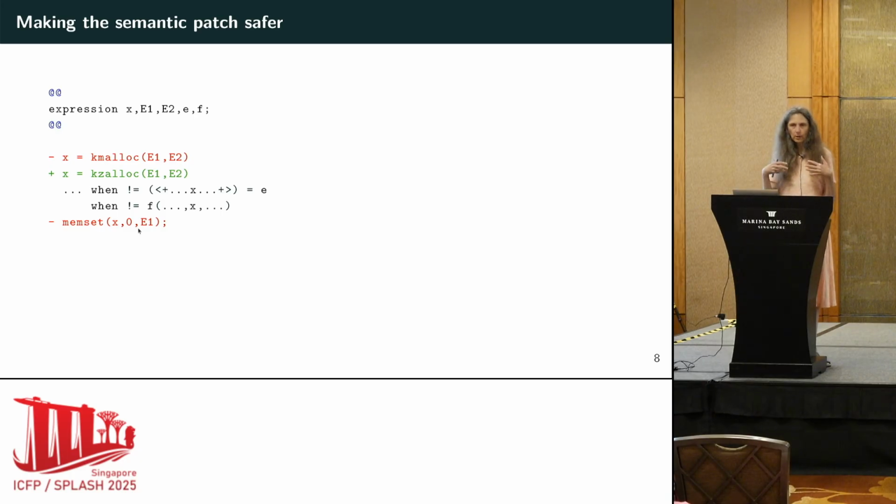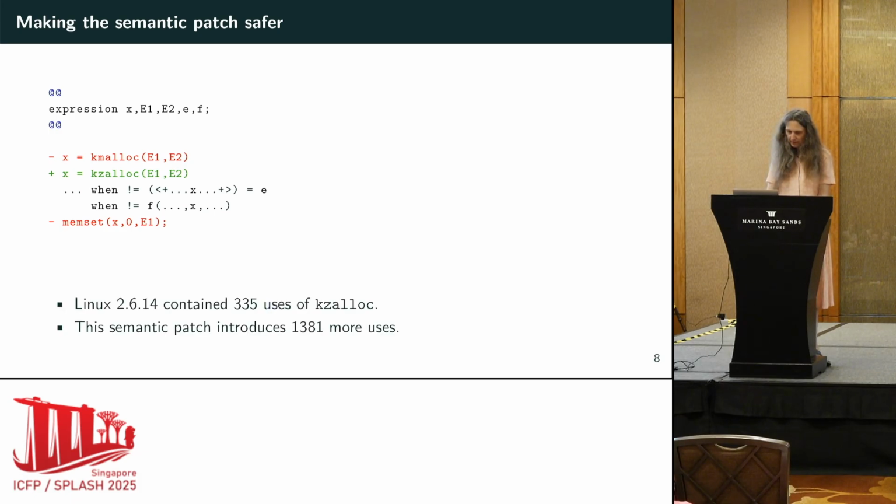Coccinelle is a tool that allows you to specify what you want, and then it does what you want. It doesn't prove that your transformation is correct. You still have an obligation to go through the code, the changes, and see if it's what you actually wanted. But I think the knowledge of the Linux kernel code and the typical coding patterns gives you a good chance that everything will work out the way you expect.